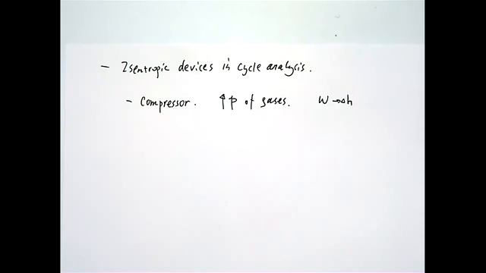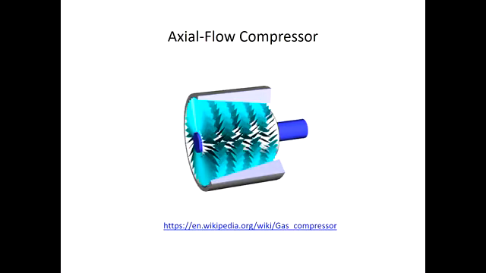One type of compressor you can have a look at is called the axial compressor. This type of compressor is commonly used in gas turbines, whether the gas turbine is used for power generation or for aircraft engines. Basically, you have ambient air coming in and going through layers of blades.